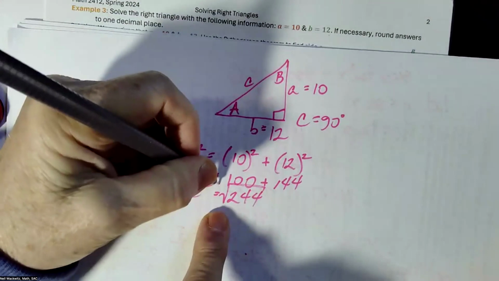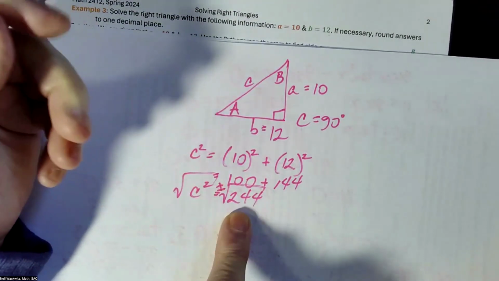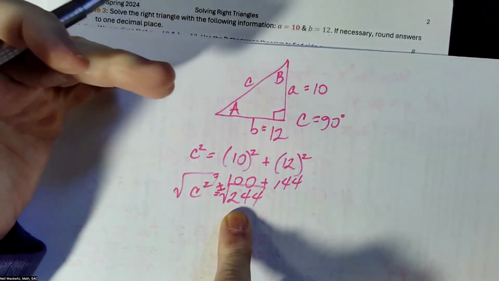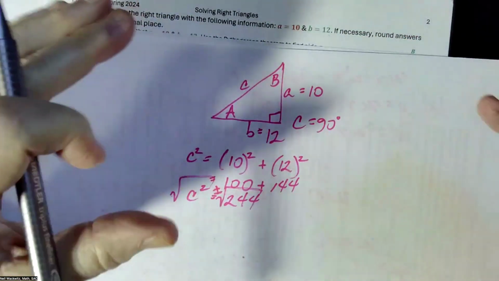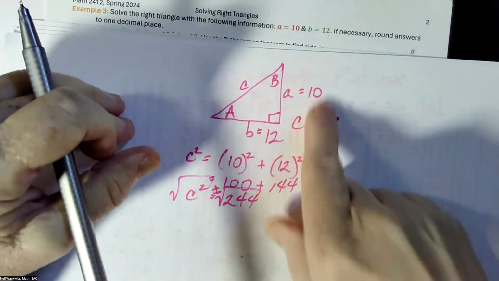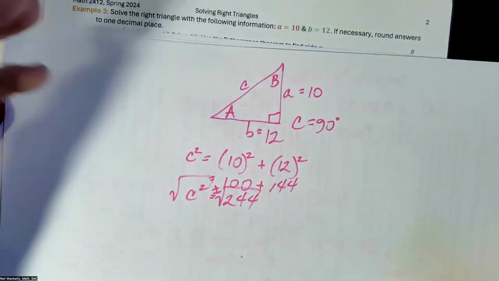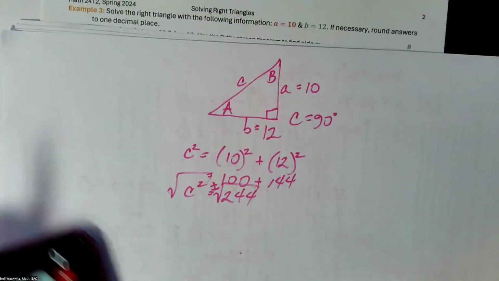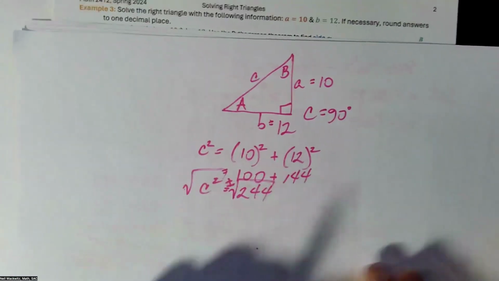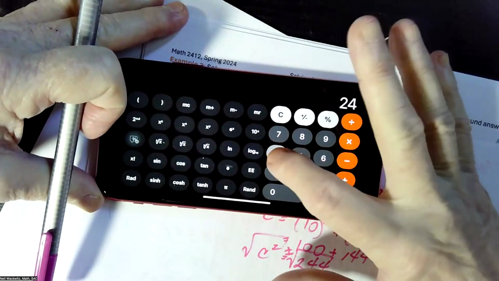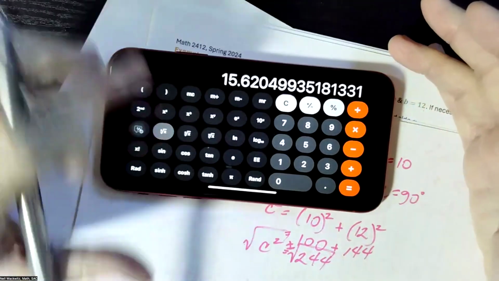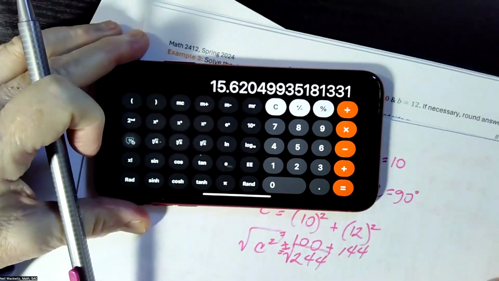And we can put plus minus signs in front of the square root here, but we're in a physical triangle. We're not on the coordinate plane right now. So all of the measures are going to be positive. So let's use our handy dandy phone. 244 square root. And I get 15.6.